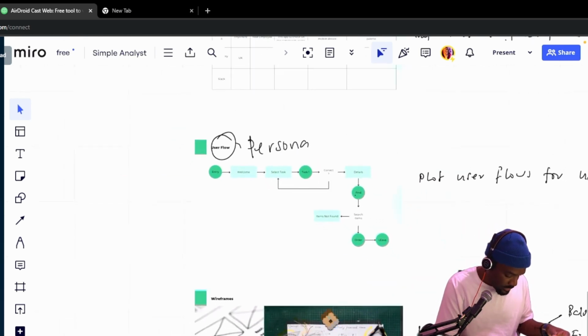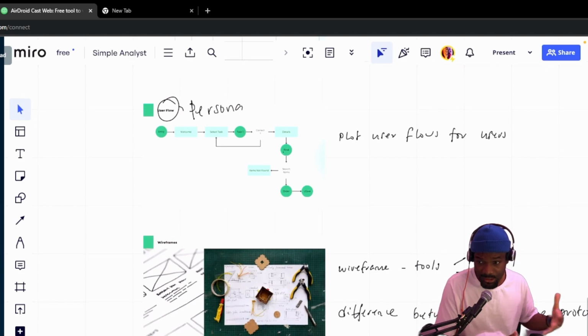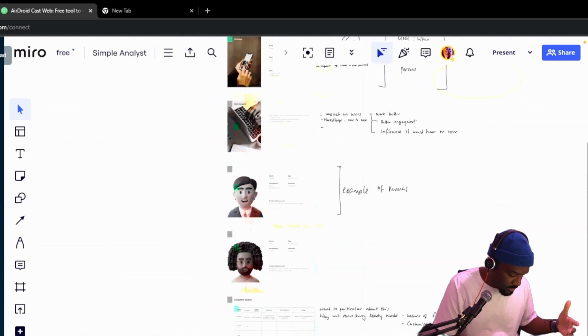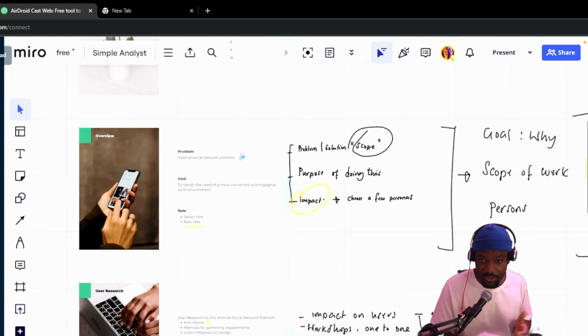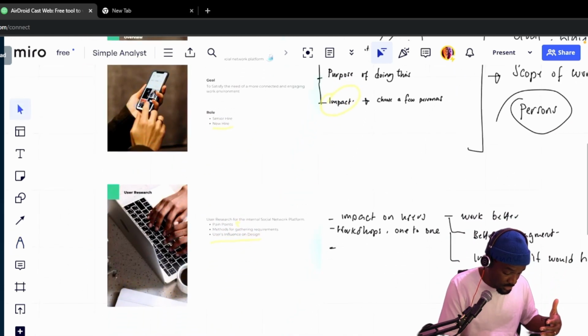Once you have all of this, I'll just give you a recap of what we did earlier on. We spoke about identifying the problems, understanding the purpose, and seeing the impacts on all the persons it was going to affect. Based on these persons, which are technically your personas, we would then go on to do our user research.